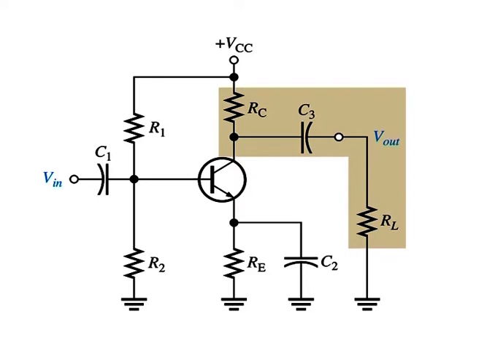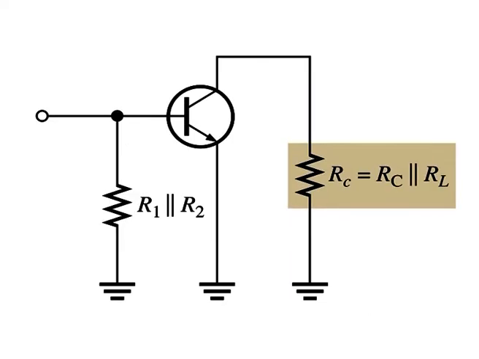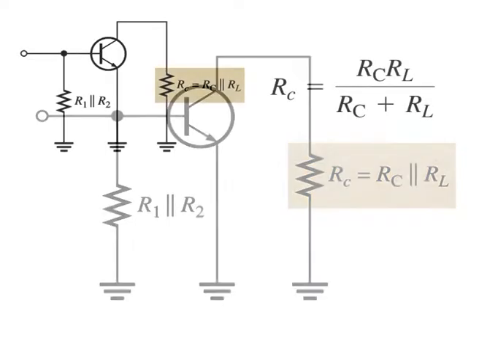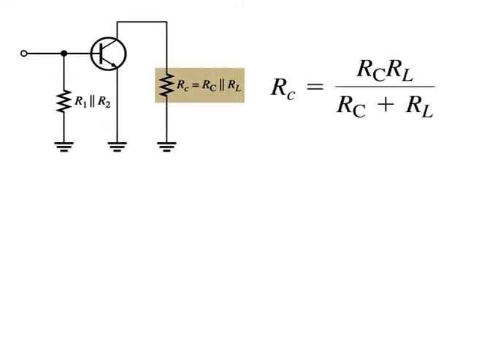Remember, the upper end of Rc is effectively at AC ground. So, the resulting AC equivalent circuit is shown in part B of the figure. The total AC collector resistance is given by this equation, where rc is equal to Rc into RL over Rc plus RL.